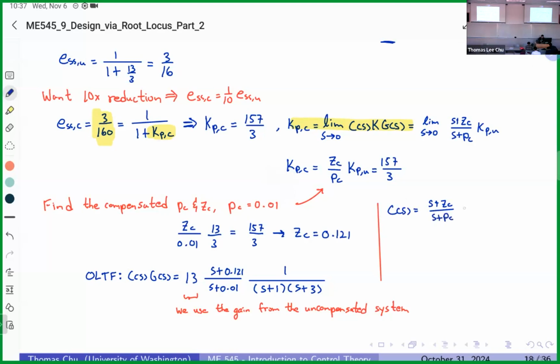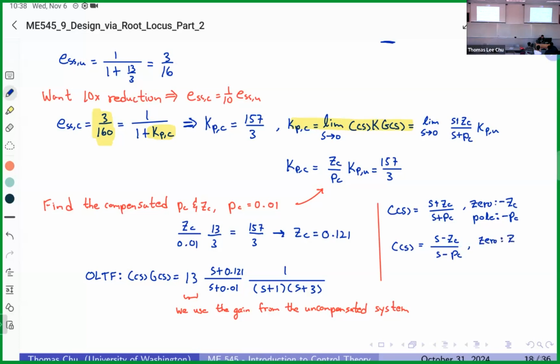So the actual zero is going to be minus ZC, and the pole is going to be minus PC. There are textbooks that also define it differently, and I actually think that way makes more sense, but because it's not as common, I go with what I see as more common.